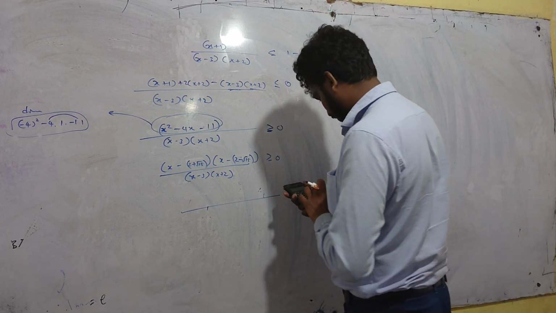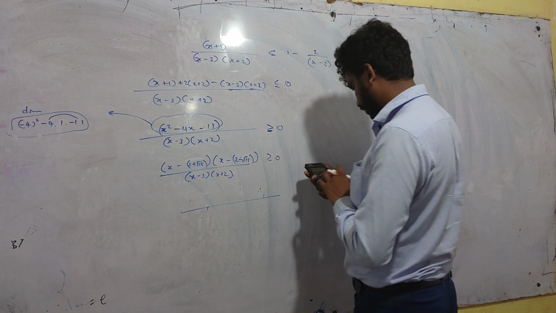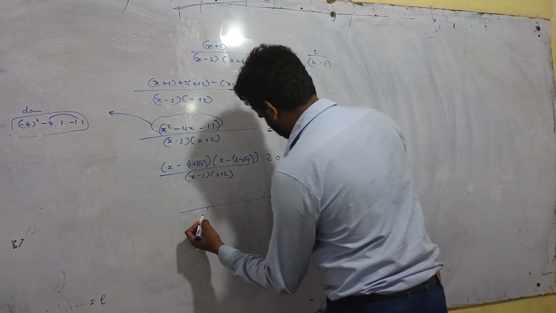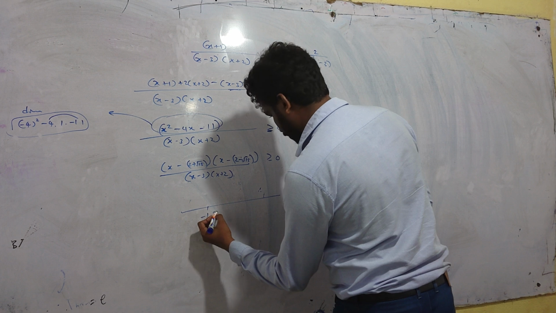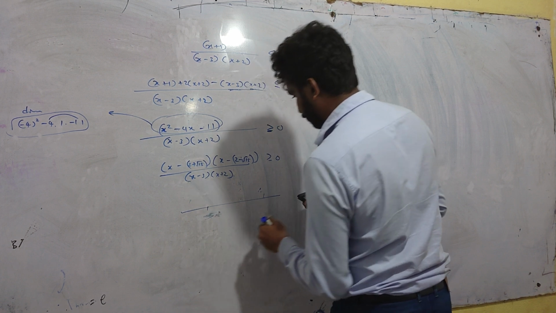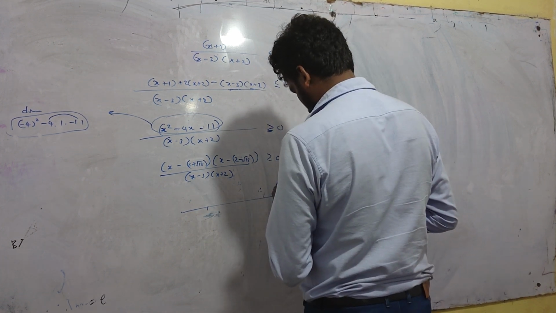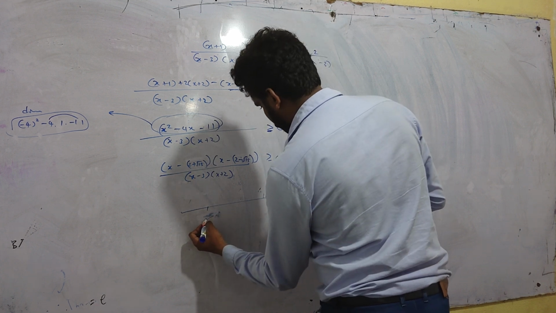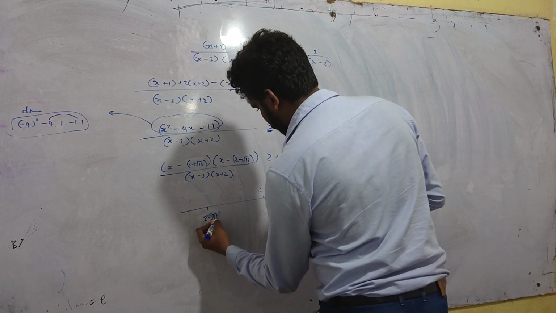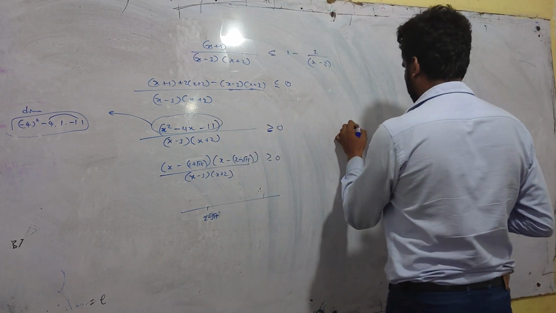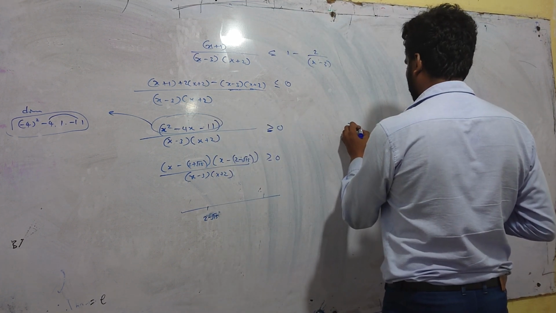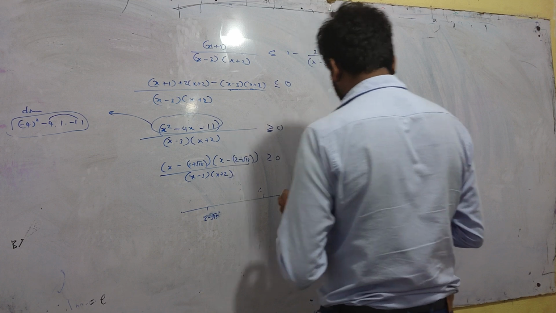Then it's minus 1.87, like 2 minus square root of 15. So approximately minus 1.87, right?